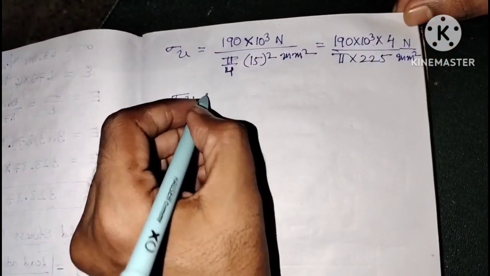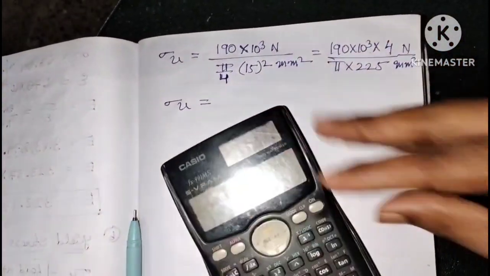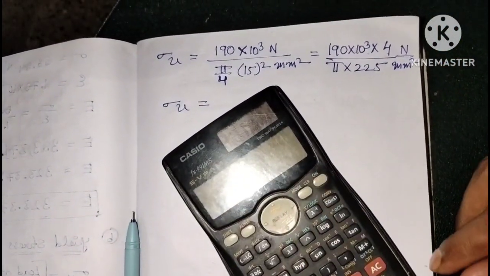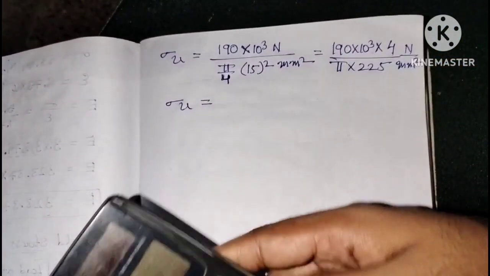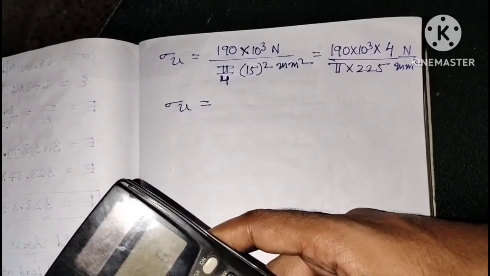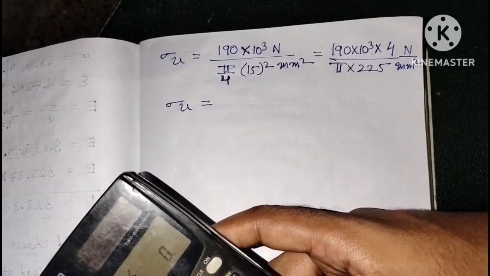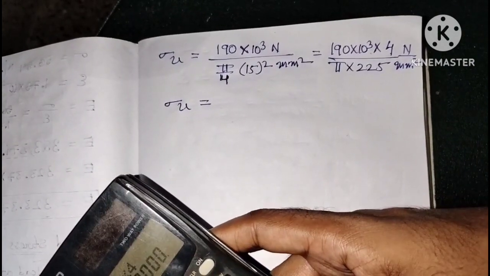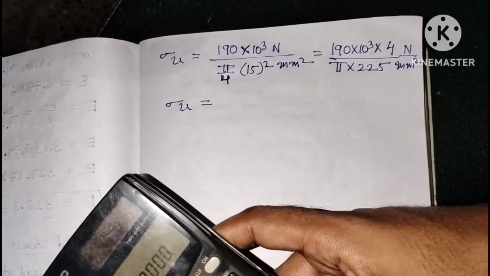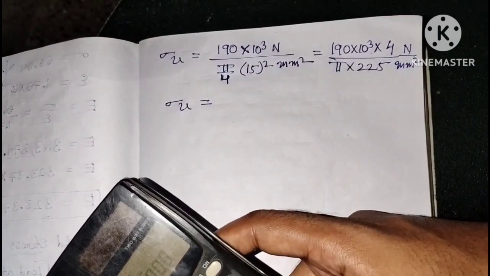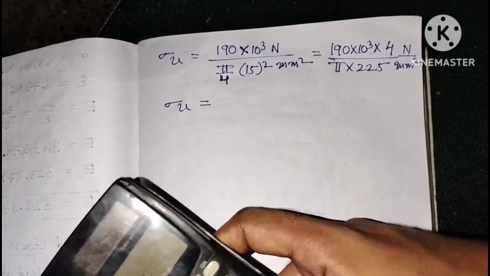So sigma u is equal to, calculate this: 190 into E3 into 4, E3 means 10 power 3, divided by pi into 225.